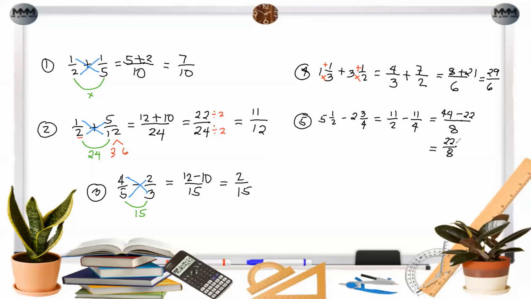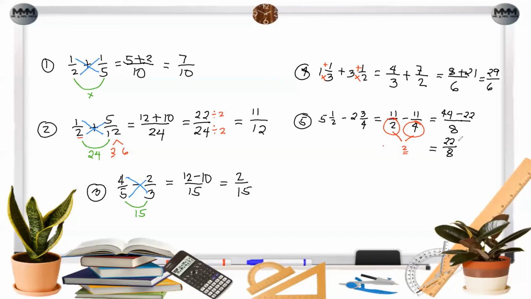Now in this case, as you can see, the two denominators here have a common factor. This one and this one have a common factor, and the common is 2, right? This is the common number because 4 can be factored into 2 times 2.